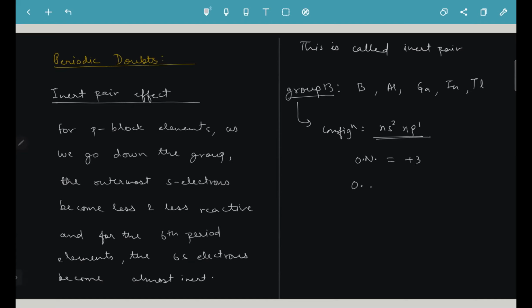But as you go down the group, they also show an oxidation state of +1, where only the p electron takes part in bonding. If only the p electron is involved in bonding, we get an oxidation state of +1. If both the p electron and s electrons take part in bonding, then we get a charge of +3.